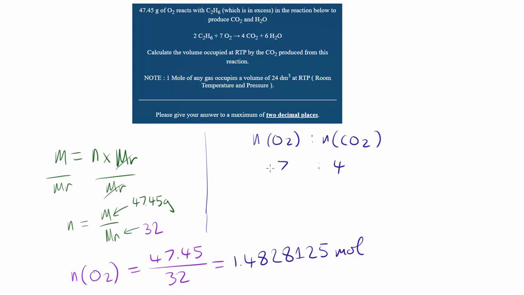If we divide both sides to get this side to be a 1, effectively it's 7 over 7 to 4 over 7. So for every 1 mole of oxygen, O₂, we're going to get 4 over 7 moles of CO₂.